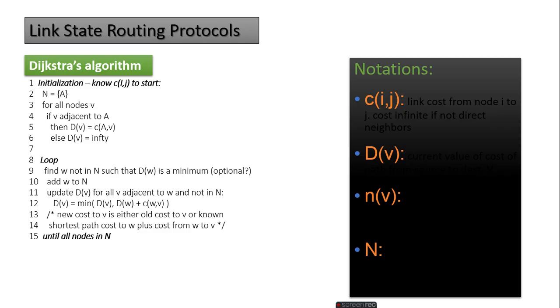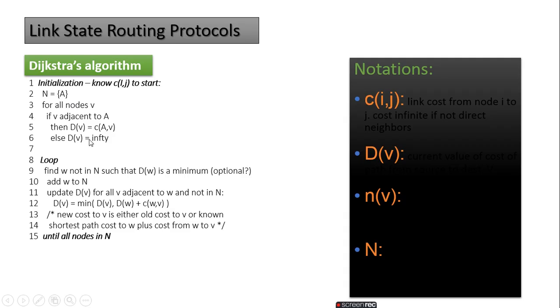I have a couple of parameters here for you to go through and understand. If we go through the pseudocode, which I want you to do in detail by taking your time, you will see this algorithm. N means the number of nodes in your network.